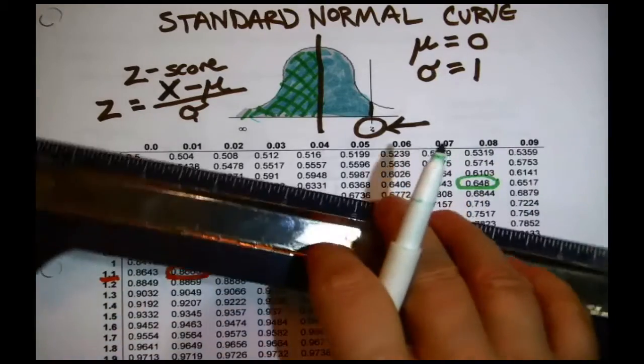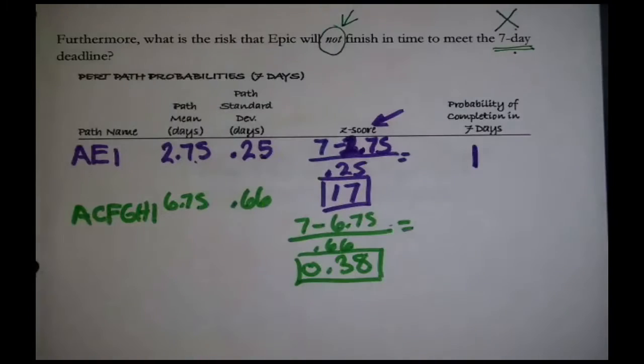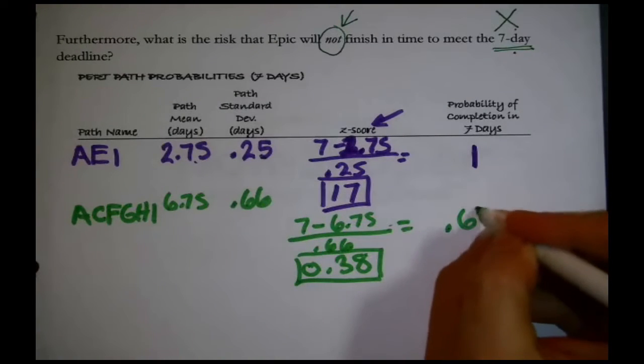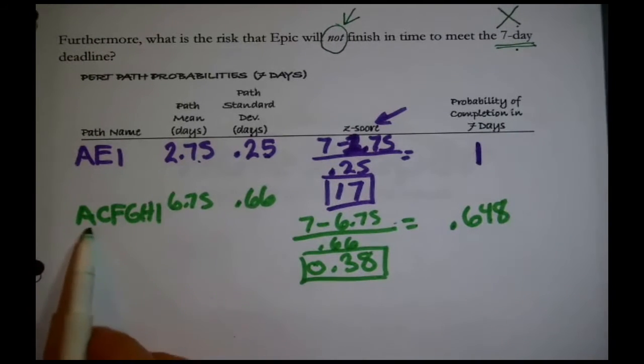I see 0.648 from the table. And what's that mean? It means there's about a 64-65% chance of getting done with that sequence within 7 days.